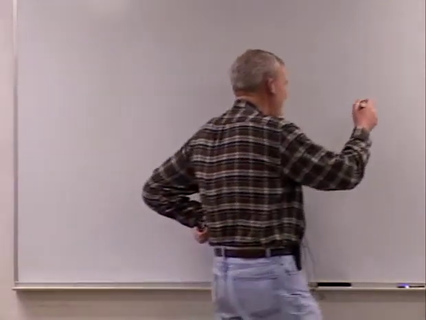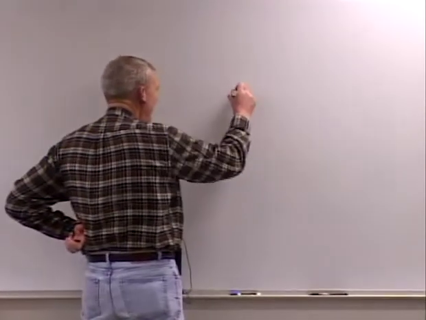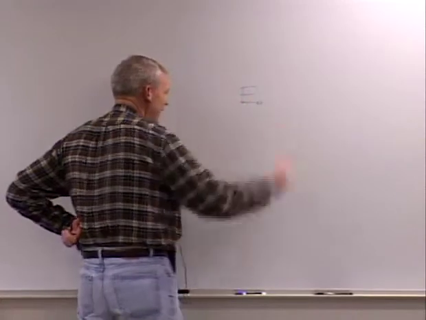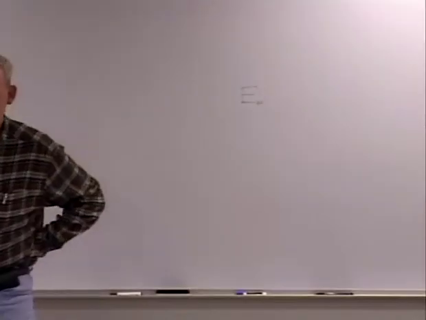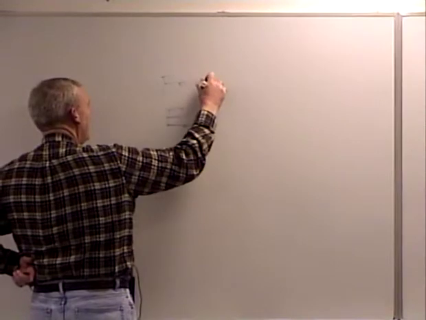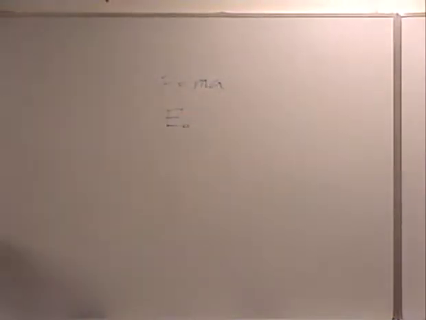If I have an electric field, how do I find the force? How would I find the force with that? F equals ma. Okay, good. Let's put that up here. But I just have an electric field, and I have a charge. How do I put those two together to find a force?